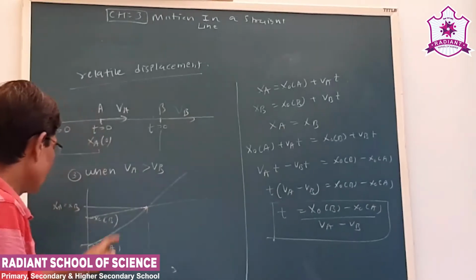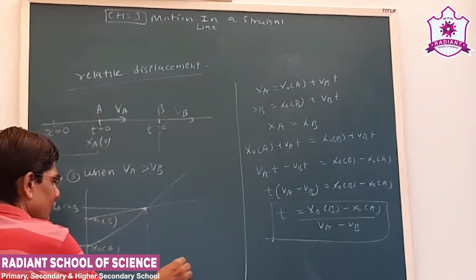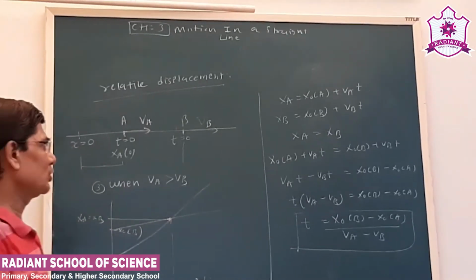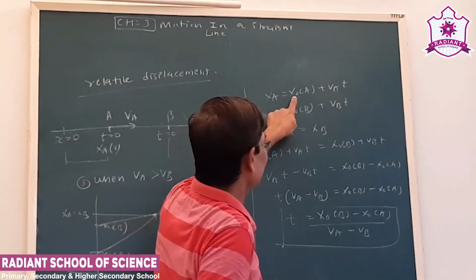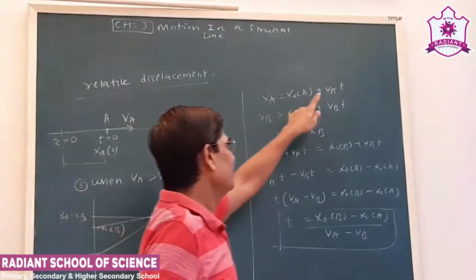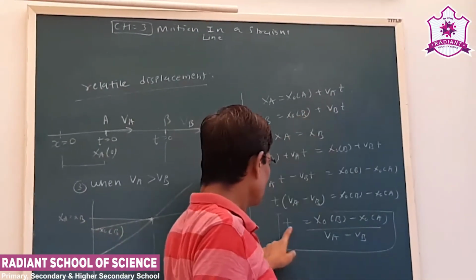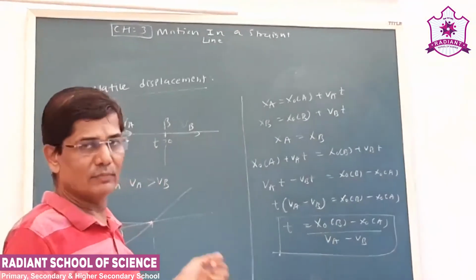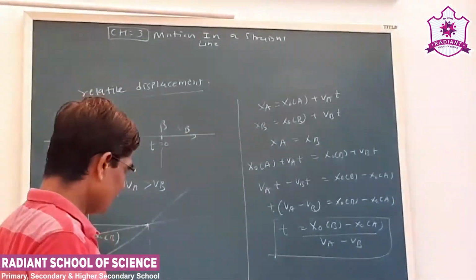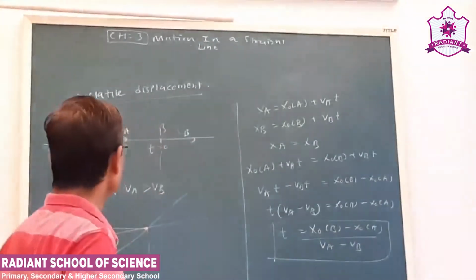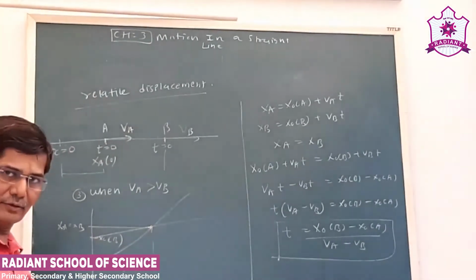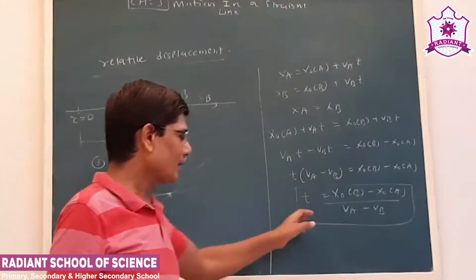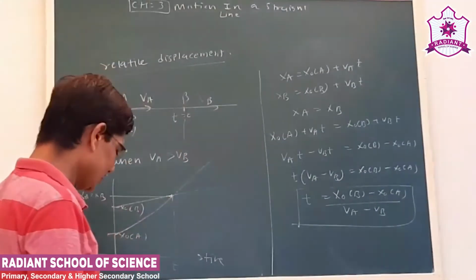This is the time when both objects will meet each other. And what is the position? x0A is known to us, VA is known to us. If I substitute T here or here, we get the same answer for both. So this is about relative displacement.